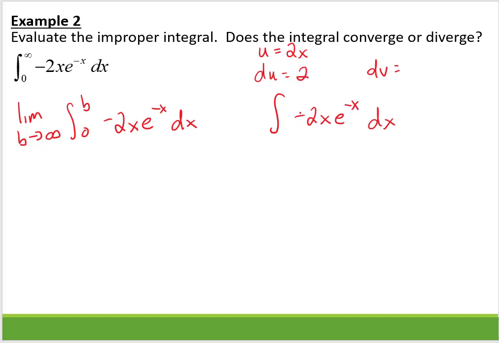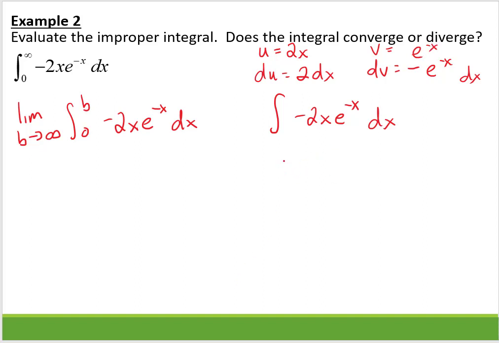Well, I didn't carry the negative with it, is what I mean. So then my dv is negative e to the negative x dx. And then when I integrate that, I have my u substitution, whatever.